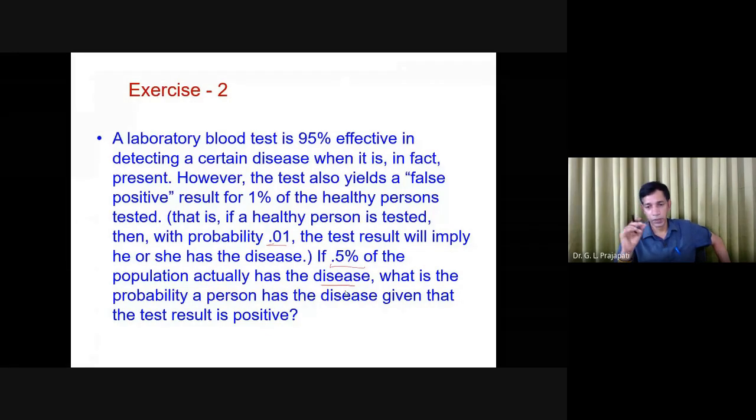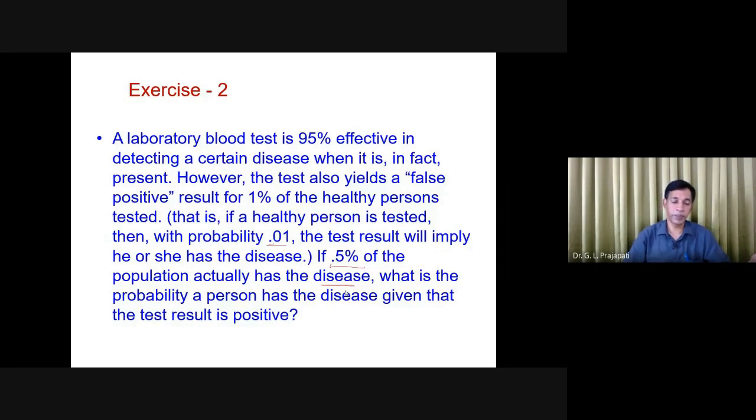Then we are going to compute what is the probability a person has the disease given that the test result is positive. And you know that the test result is positive in two different cases: when the person has the actual disease, or it may be the false positive.